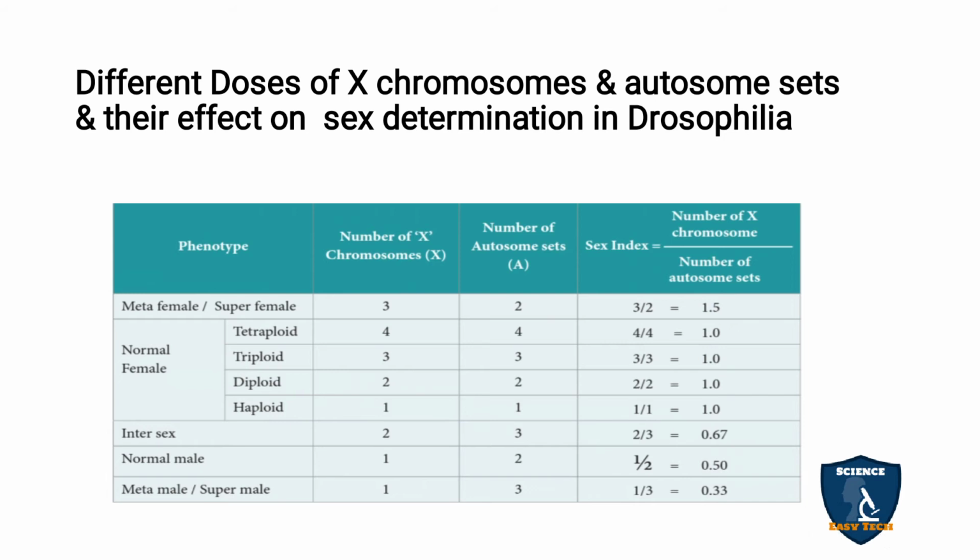So please go through this table and you will get a clear idea using the sex index, the number of X chromosomes divided by the number of autosomes. Here they have given the number of X chromosomes and autosomes. You divide, and the answer is also there, but you can work it out and you will get an idea about the different doses of X chromosomes and autosomal sets and how sex determination is done in Drosophila.